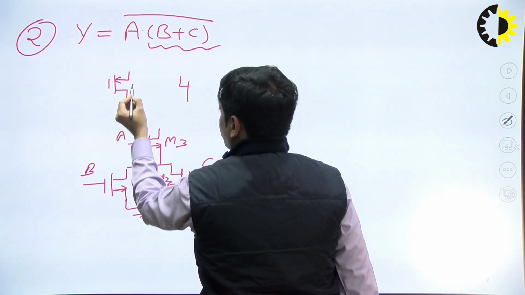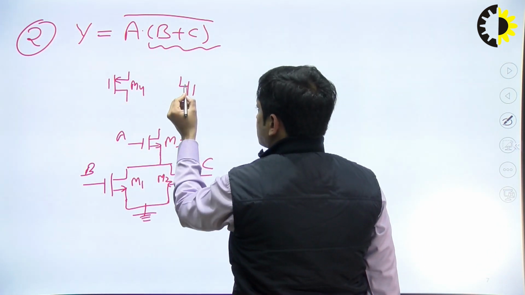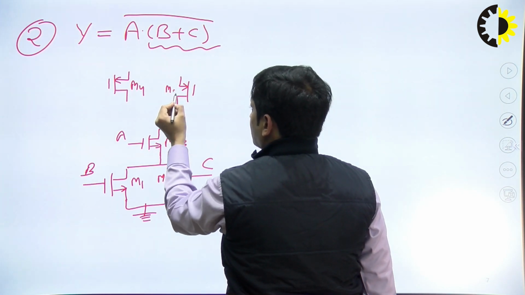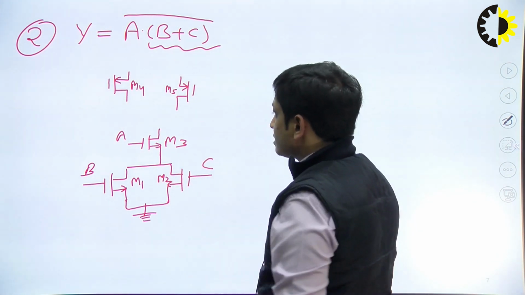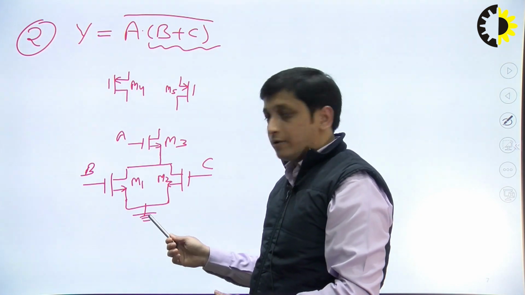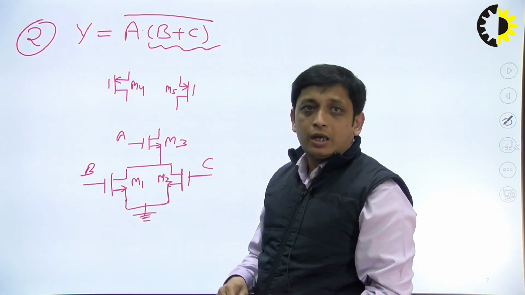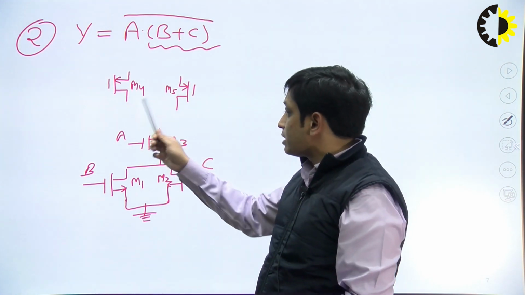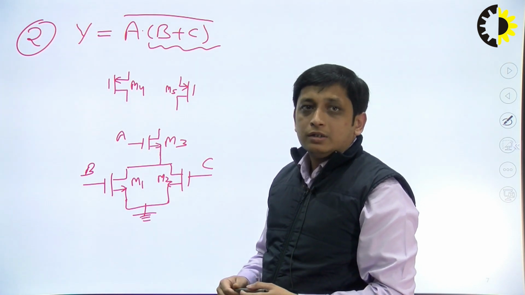This is the M4 transistor. M4 is the PMOS, and another PMOS transistor is M5, right? Now see, since M1 and M2 transistors in the pull down network are in parallel and whose inputs are B and C, corresponding to it, if we draw the pull up network, then transistors M4 and M5 will be in series.